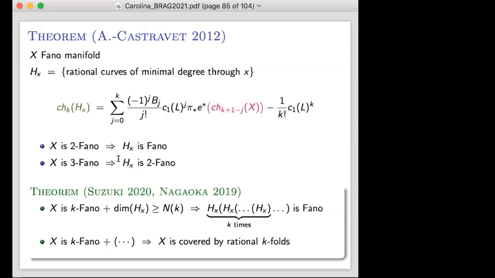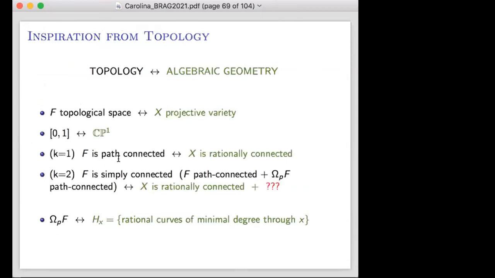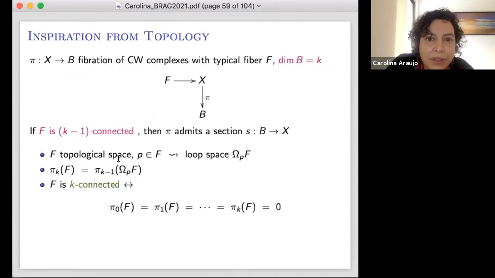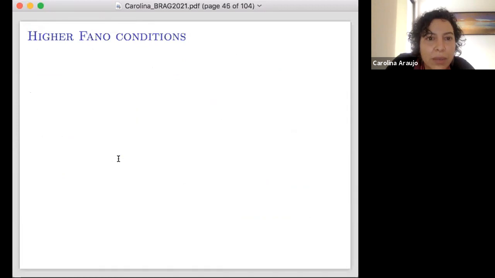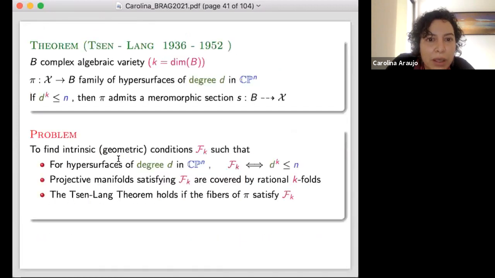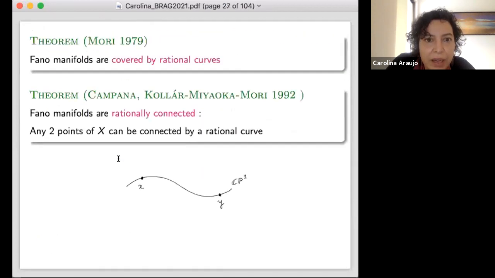When you characterize Fano hypersurfaces, can you please come back? It's in the very beginning of the talk. Okay, wait.